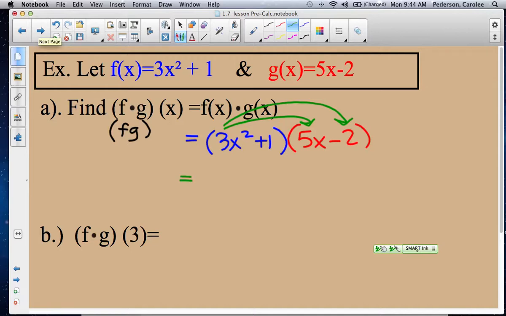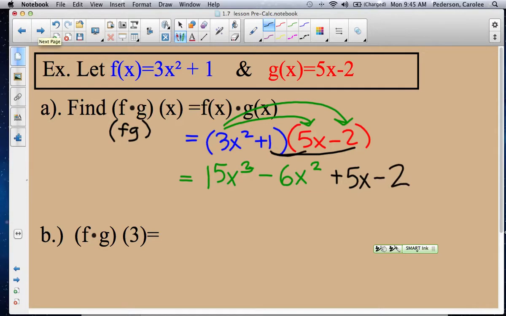So 3x squared times 5x is 15x cubed. 3x squared times negative 2 is negative 6x squared. There's first and outside. We'll distribute those, the 1 through. So now we have 5x and negative 2. Any terms alike there? Anything to combine together? Nope, it's already in standard form, we're done.